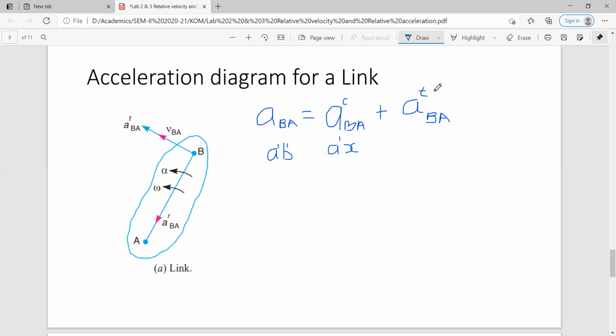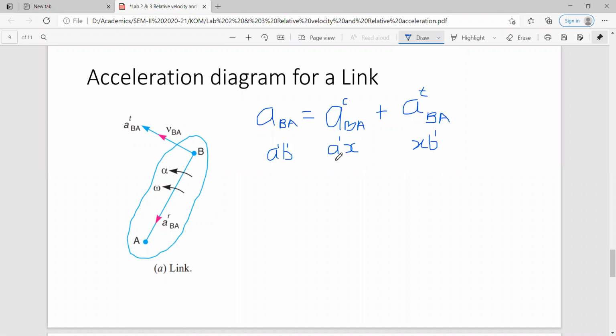Then tangential component will start from point small x, like this, and will end at b dash. So the label for tangential component will be x b dash.